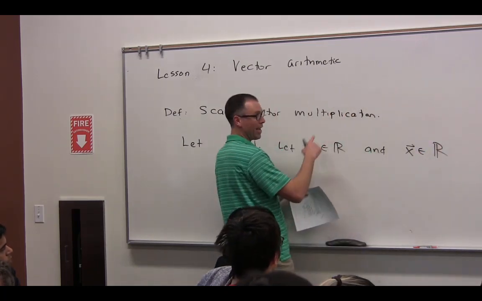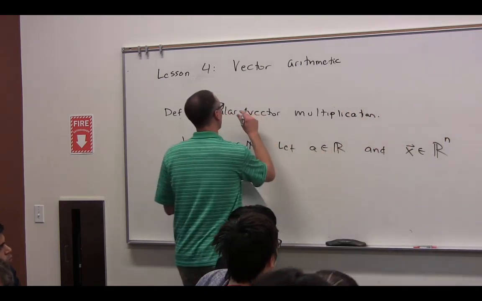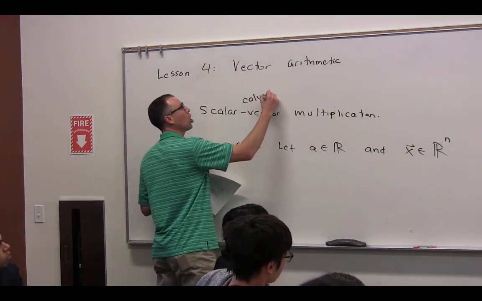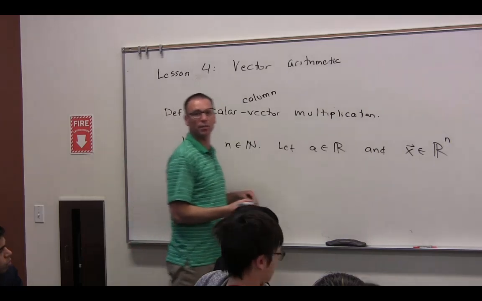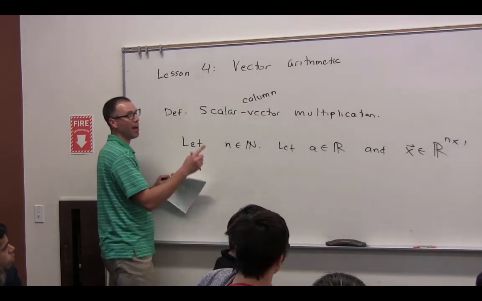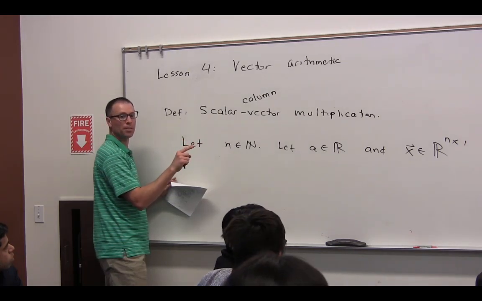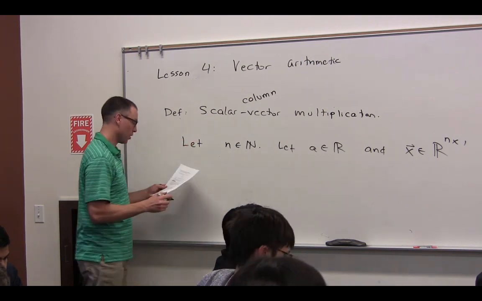I need a scalar and a vector. In this case, we might call it scalar column vector multiplication. Okay, so if it's column vector multiplication, it would have how many rows, how many columns? N rows and 1 column.